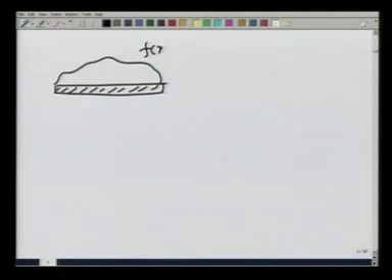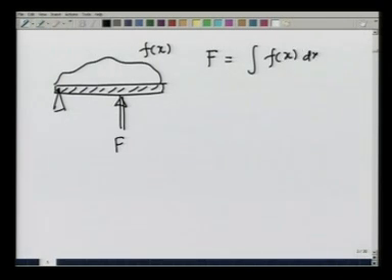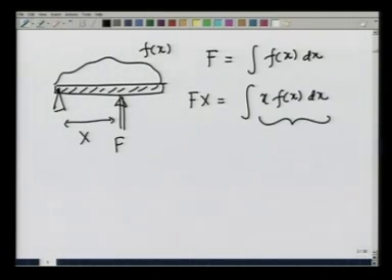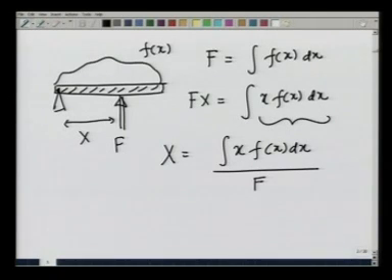So, on this beam, if there is a force distribution f(x), then I have the net force F that I am supposed to apply about this pin joint to equilibrate the beam, which is going to be integration f(x) dx, and I should have F times x, where x is the distance at which the force is being applied, equal to integration x f(x) dx, which is nothing but the moment generated by the force distribution f(x), and therefore, x equals integration x f(x) dx over F, and this by definition is the definition of centroid.